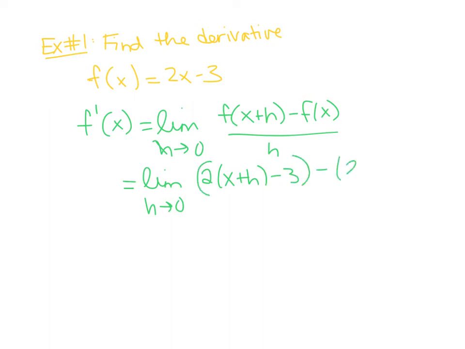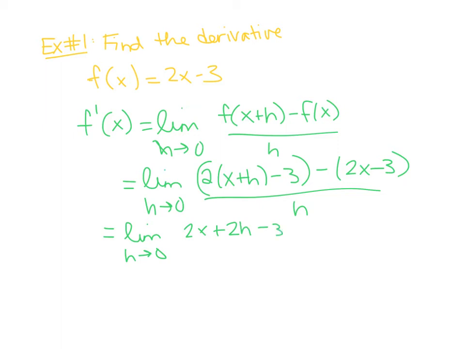Minus my f of x, which is 2x minus 3, all over h. And then before actually I take the limit, I'm going to simplify as much as I possibly can. So I get 2x plus 2h minus 3 minus 2x plus 3 all over h.